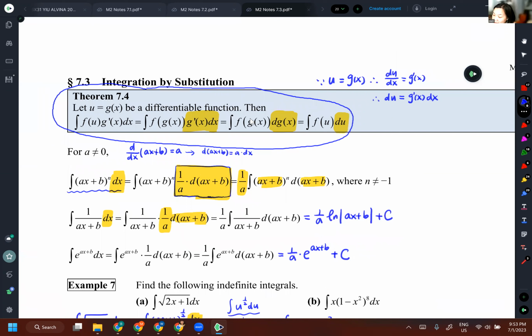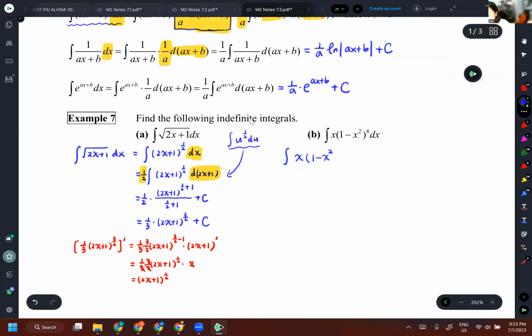So that is why you can see me replace g prime x dx with du. So in the end, everything is in u, but it's not easy to find g prime in the function. I will show you.